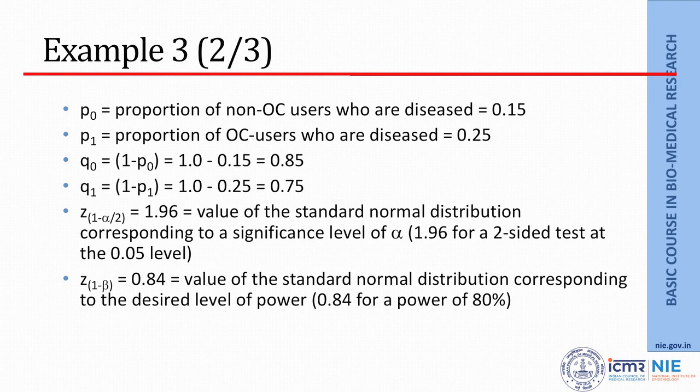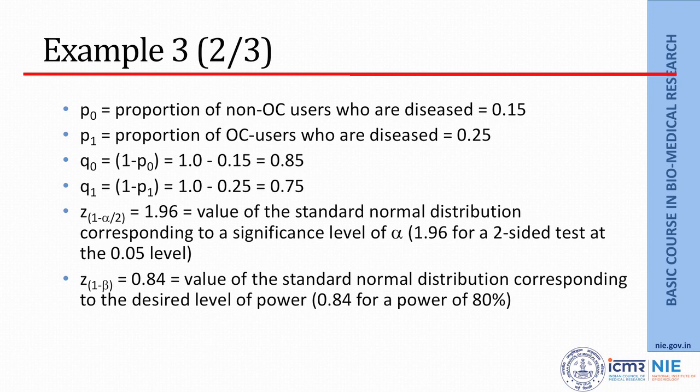Then the formula is used with the following parameters. You know P naught, which is the proportion of non-OC users who are diseased, given as 0.15. P1 is the proportion of OC users who are diseased, given as 0.25, and your Q naught, which is the complement of P naught, is 0.85. Your Q1, the complement of P1, is 0.75. Z alpha is 1.96, as we saw in the last example.